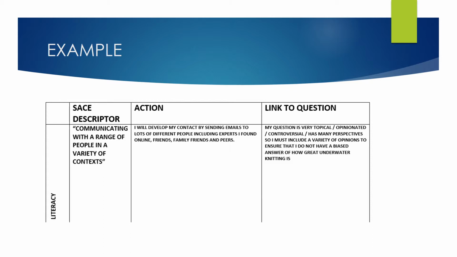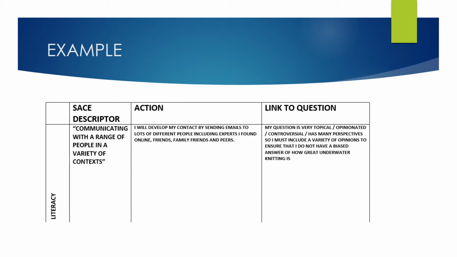They figured that they were going to send lots of emails, which was lots of different perspectives, but that's not really like the most exciting reason for picking literacy. In fact, it kind of isn't a good reason for picking literacy because everyone's going to send emails and get contacts. So how do you link it more intricately or in a more sophisticated way?